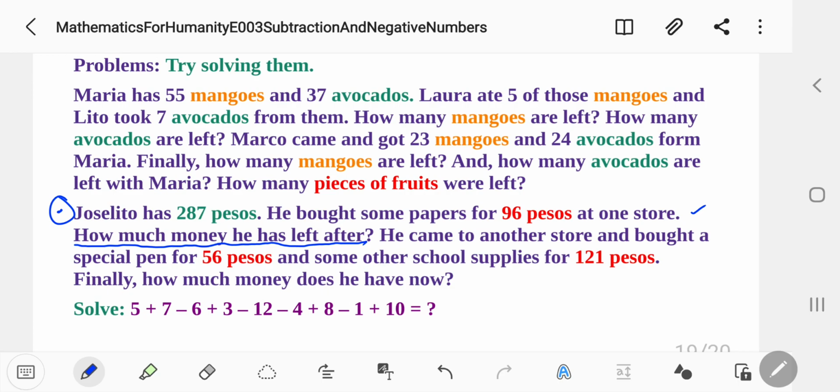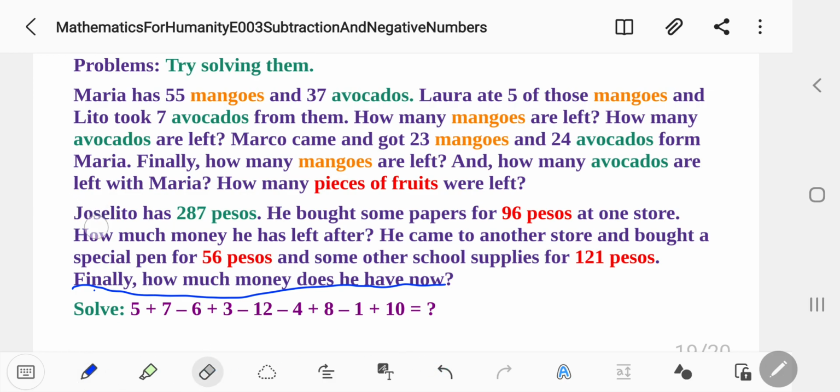And then after buying some papers, he came to another store and bought a special pen for 56 pesos and some other school supplies for 121 pesos. Finally, how much money does he have now? So, what will you do? You have to again do subtraction.